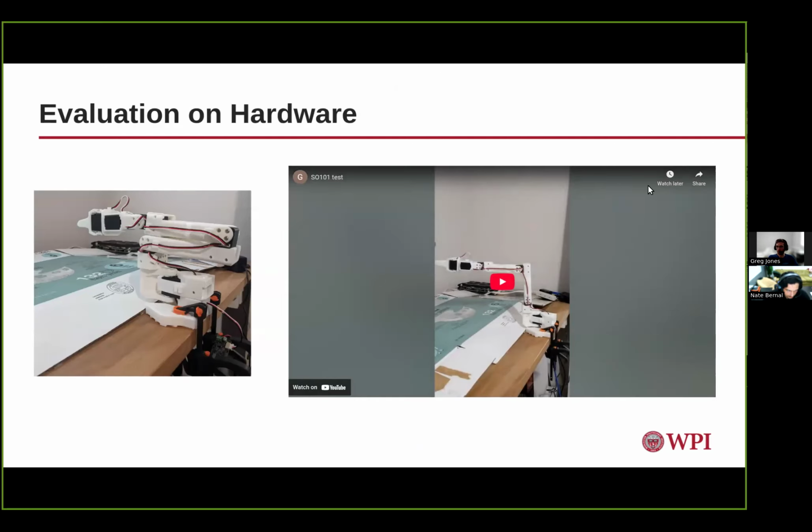So we were able to test the policy out on the hardware, and we didn't end up using any sim-to-real transfer.